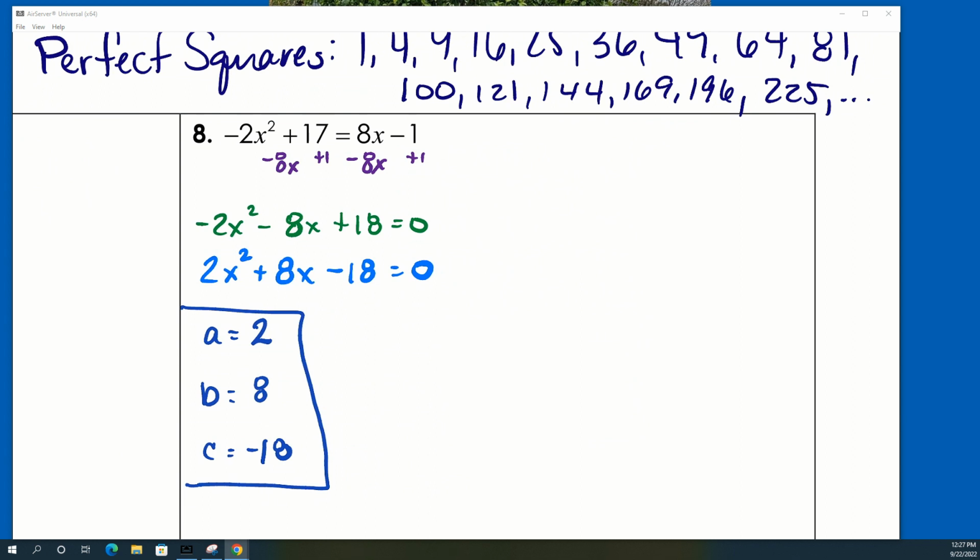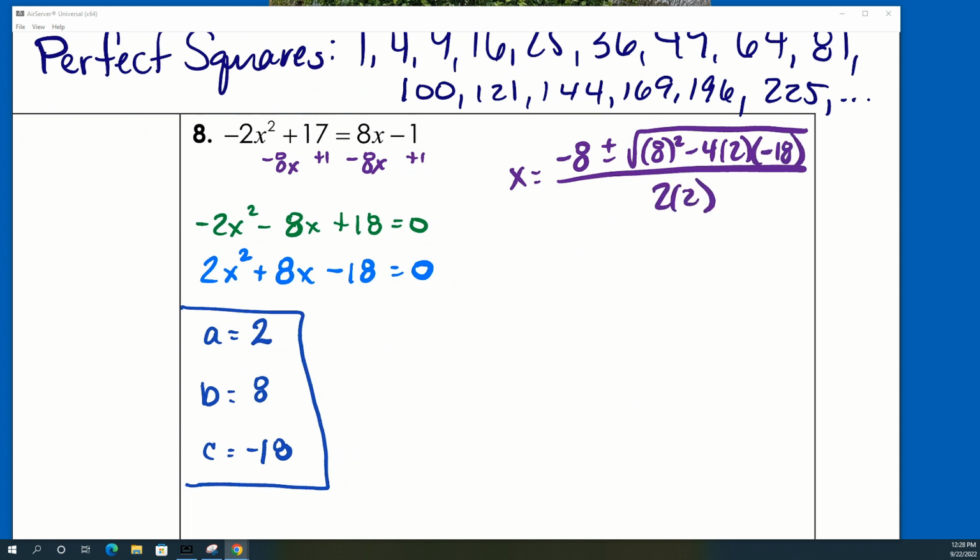Okay, so now we're going to put this into the quadratic formula. So x equals the opposite of b plus or minus the square root of b squared minus 4ac divided by 2a.